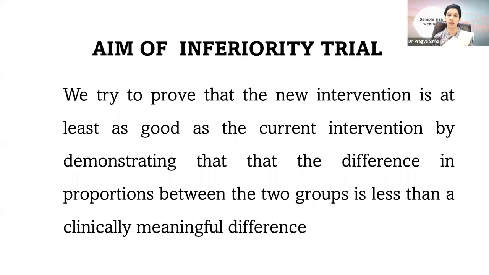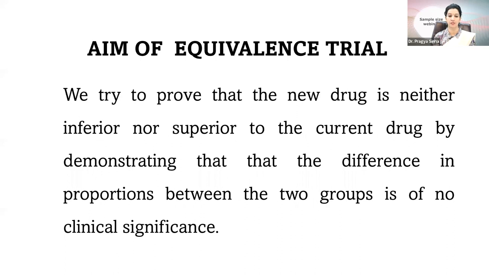So for secondary outcome, generally we set this non-inferiority margin up to a certain limit on the primary outcome, so that we can have those secondary outcomes into play. So that's why we set a non-inferiority margin.